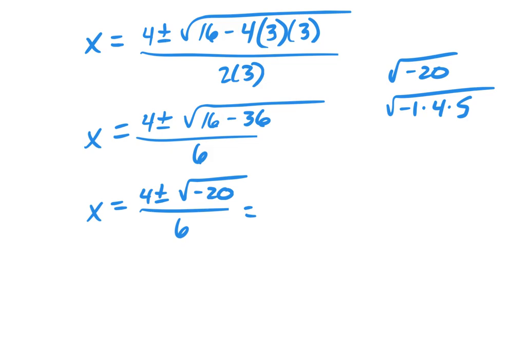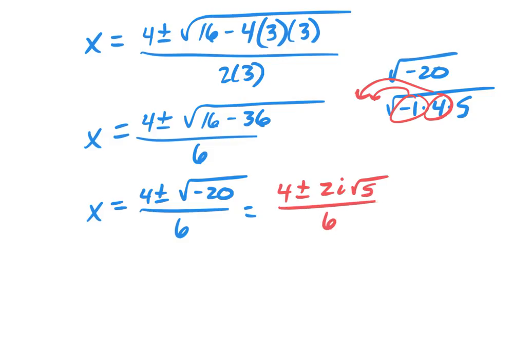I wouldn't want to do 2 and 10 necessarily. I want to find something that's a perfect square if I can. And then I can take out the square root of -1, which becomes i, and we can take out the square root of 4, which becomes 2. So this would all become 4 plus or minus 2i radical 5 all over 6.